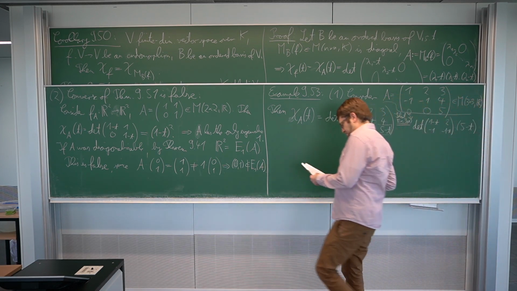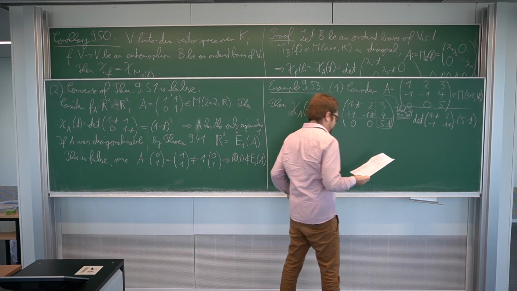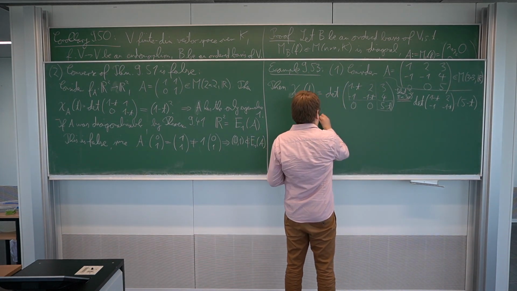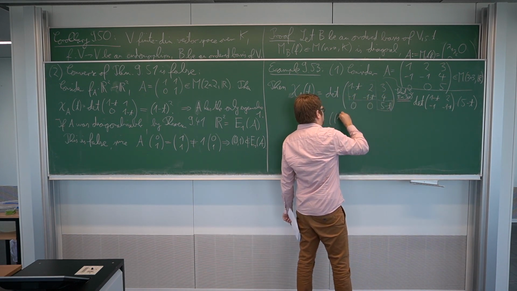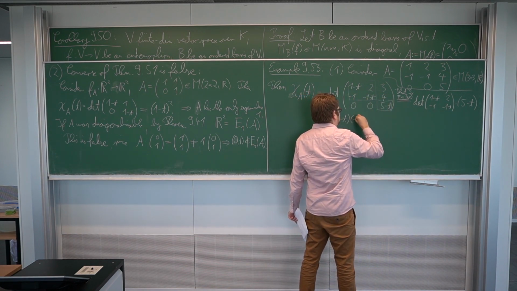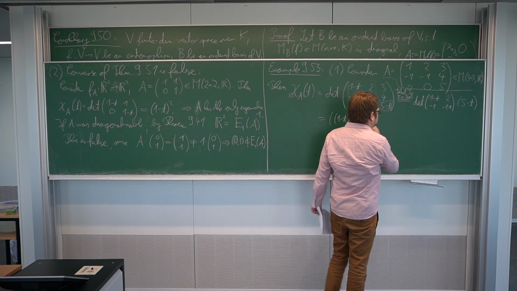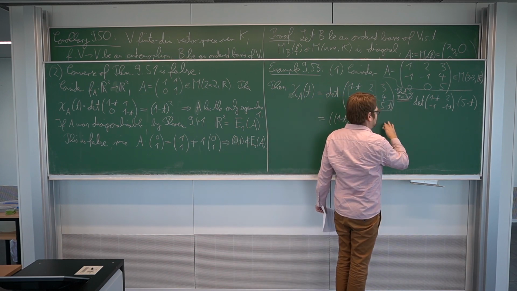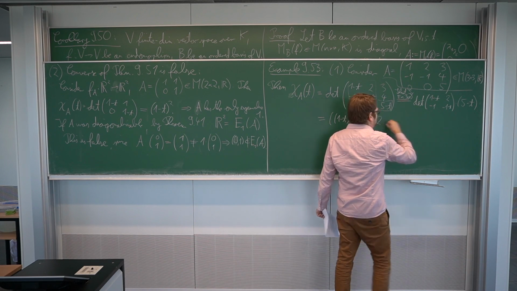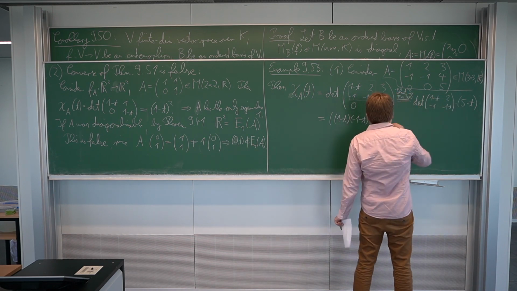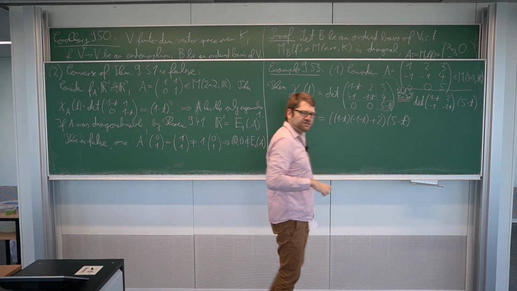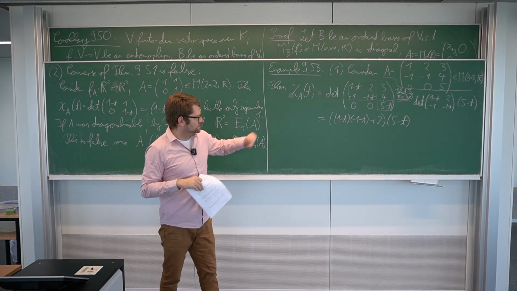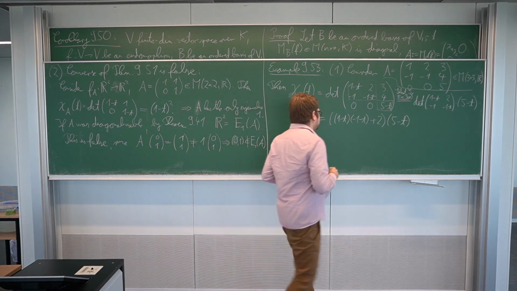Now we can do this computation explicitly. This would be 1 minus t times minus 1 minus t plus 2, and this multiplied with 5 minus t, which we just leave as it is, because that's already part of the form of the characteristic polynomial that we would like.